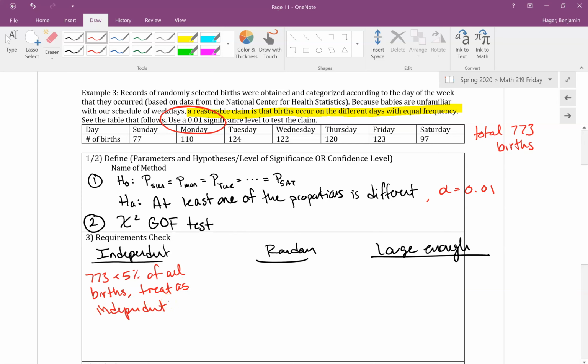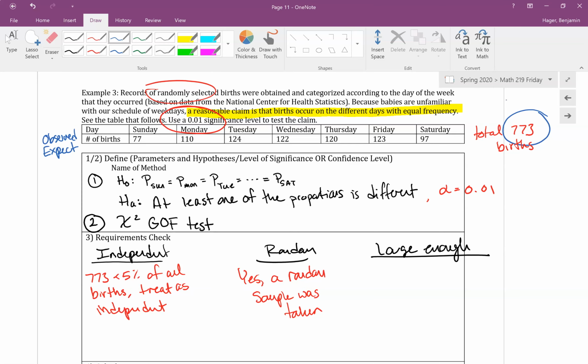So let's think about this. This is what I observed. Let me see if I can cram in here what I expect. I've got 773 births, and if what we expect is that they would be evenly distributed, then I'm just going to take 773 and divide it by 7 days.